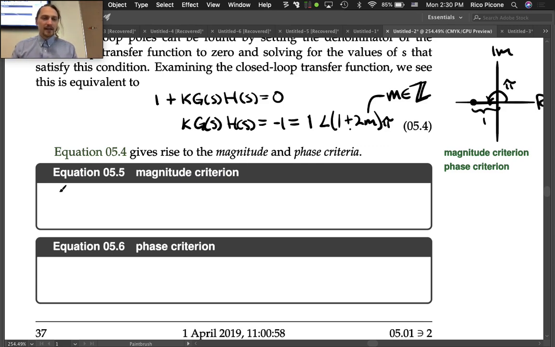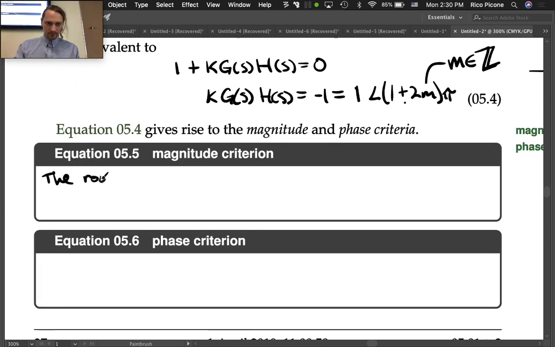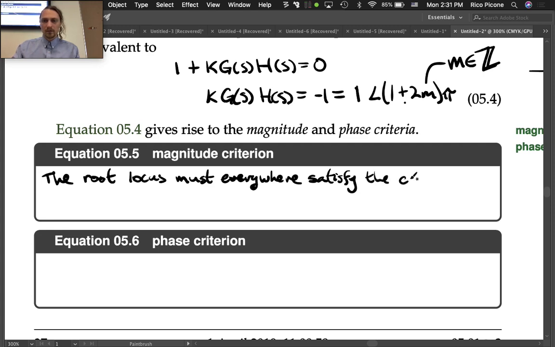The magnitude criterion is that the root locus must everywhere satisfy the criterion that the magnitude of KGH, that's a magnitude, not a parenthesis, equals 1. That's just a direct result of 5-4.